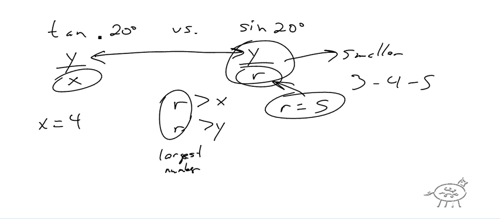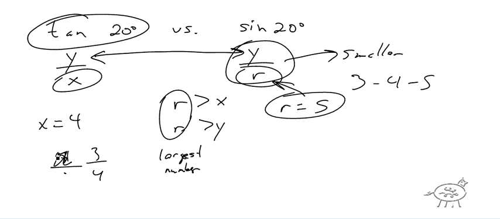So tangent of 20 degrees is going to be the largest because x is a smaller number. Let's compare: y over x is going to be 3 over 4, and sine of 20 is y over r, which is 3 over 5. In decimals, 3 over 4 is 0.75 and 3 over 5 is 0.60, so tangent is larger.